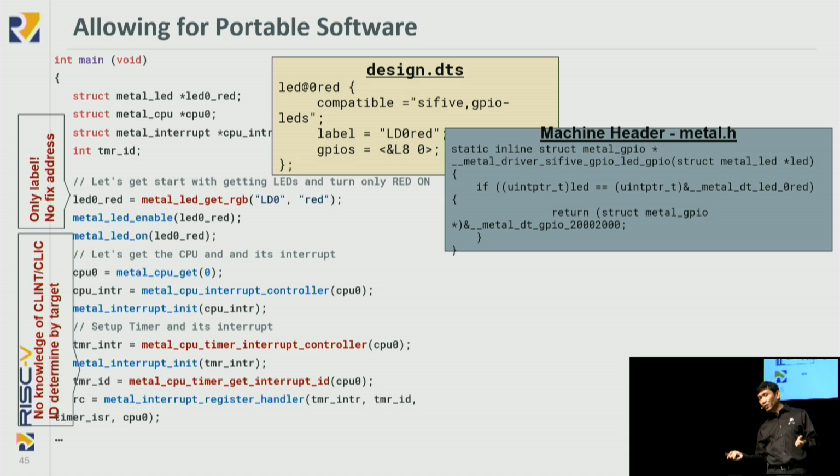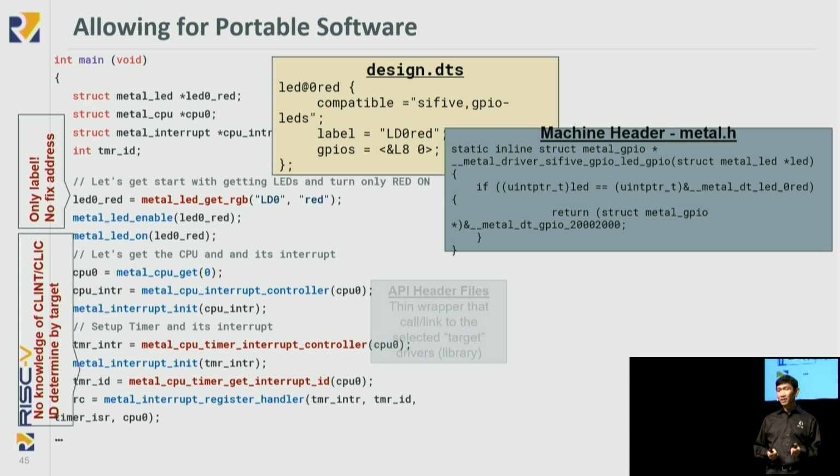I mean, you could write it to have that knowledge as well, but that would imply that if you want to compile that particular code for a board that doesn't have a CLIC, then you have to change your code. Here, it simply indicates, give me a handle to a timer interrupt controller.